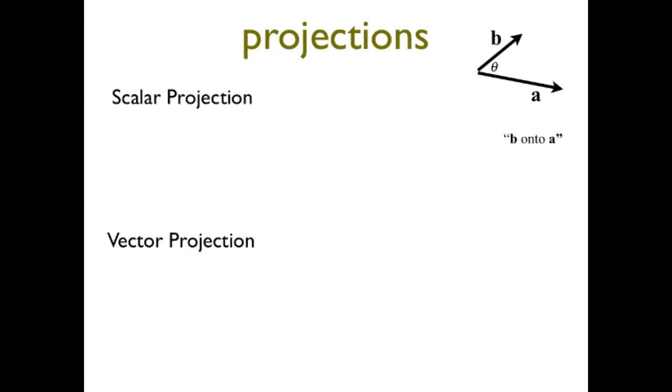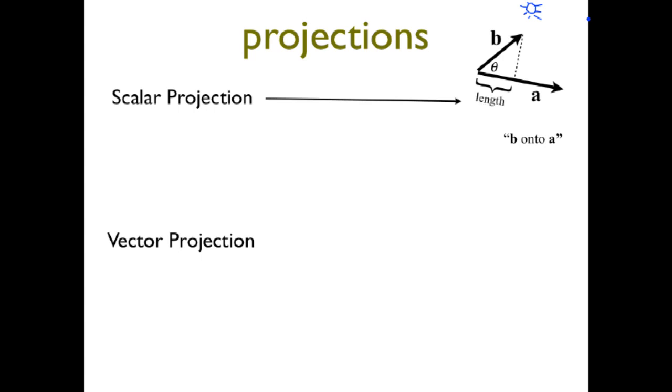Well, it's kind of like the shadow of B on A. If you were to shine a light down onto this, it would be like the shadow of B onto A. So we would drop a perpendicular like this, and then we're talking about that part of A. So the scalar projection is that length.